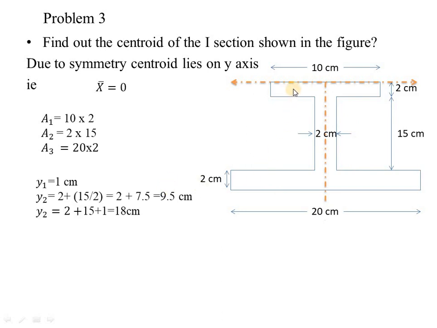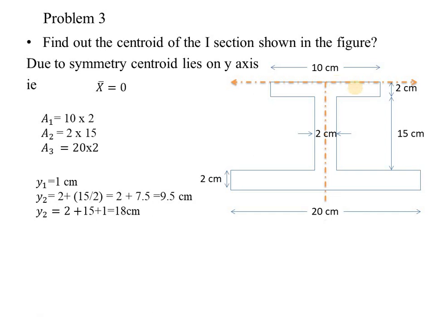First of all, y1. This is the first rectangle. So, y1 will be located at the center of this portion. So, that is at a distance of 1 centimeter. Then y2. y2 will be located at the midpoint of this rectangular portion. That is 15 by 2. We have to add this 2 centimeters along with 15 by 2 because we have to find out the distance of the centroid from the assumed axis.